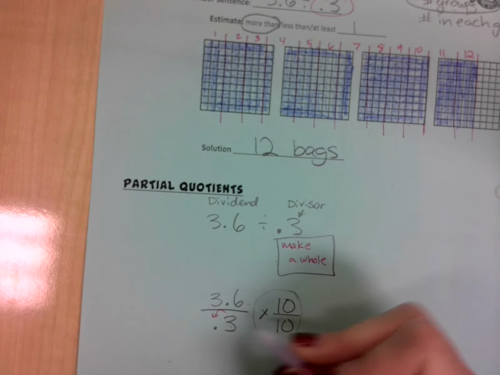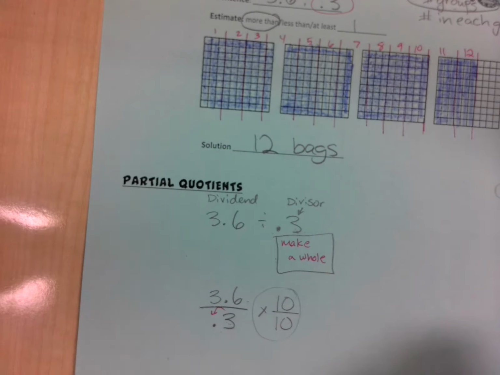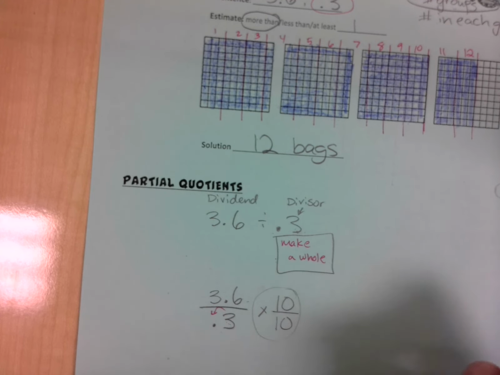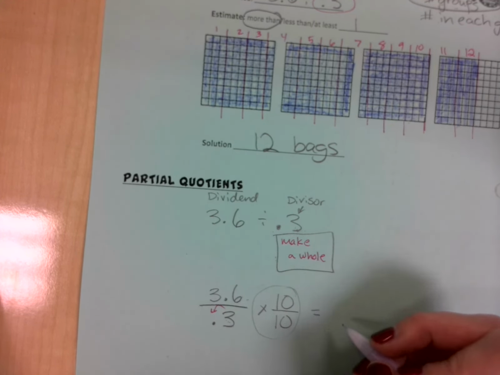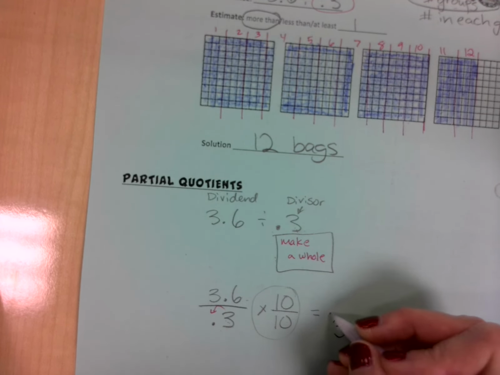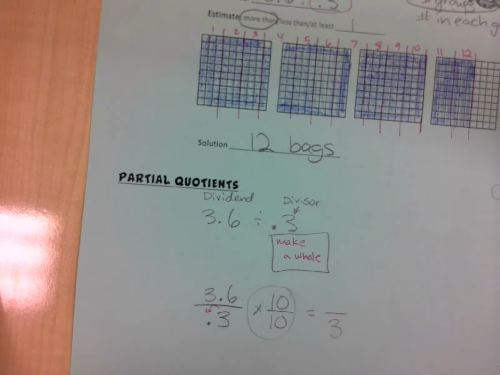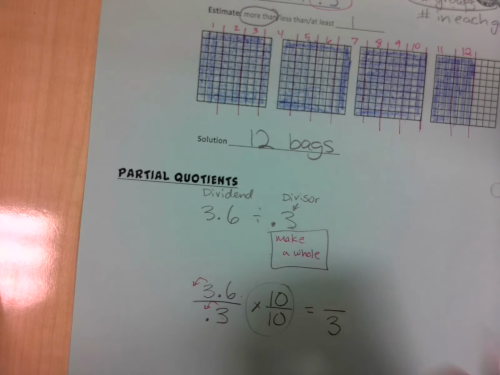So by doing this, I technically haven't changed our value overall, since I made the same change to both numbers. Now, it's accomplishing what we need though, making it a whole number. I now have a 3, but this one had to move too. So the 3 and the 6 had to move.